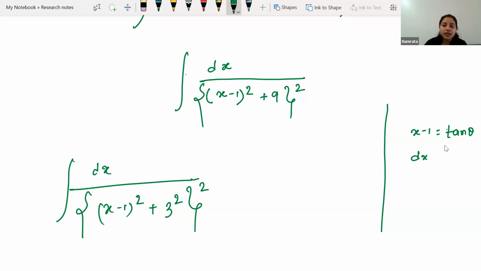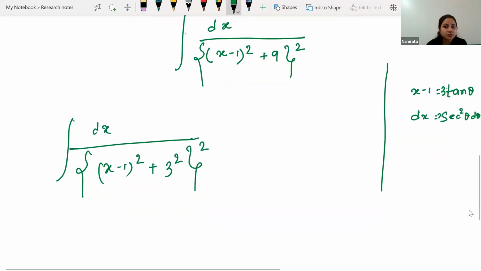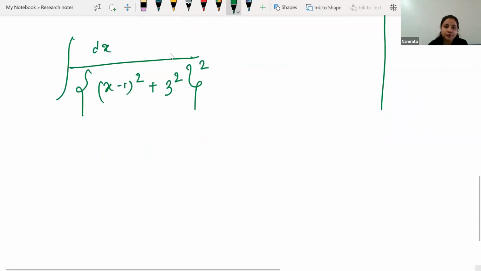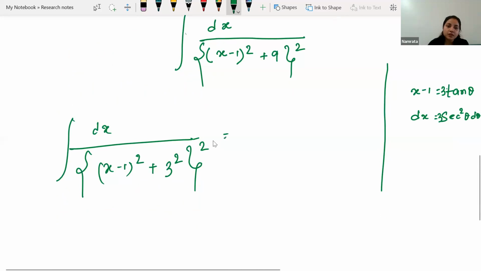Here we will get dx is equal to sec square theta d theta. Okay, not only tan theta, we need to take 3 tan theta. Then only will we be able to take this 3 out as a common factor. So it will become 3 dx is equal to 3 sec square theta d theta. Let's write it over here. So this dx will become 3 sec square theta d theta.